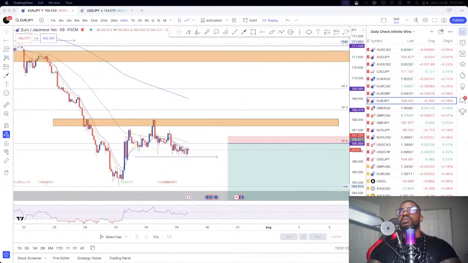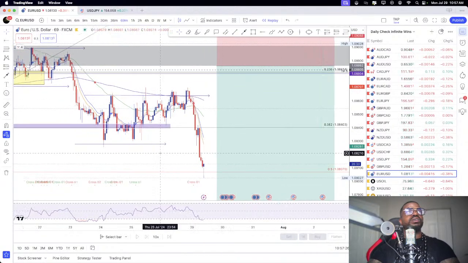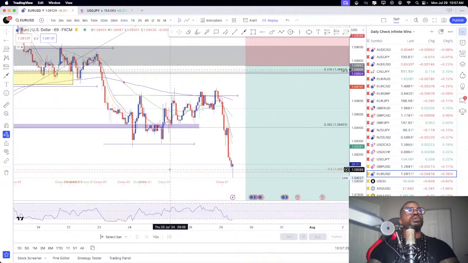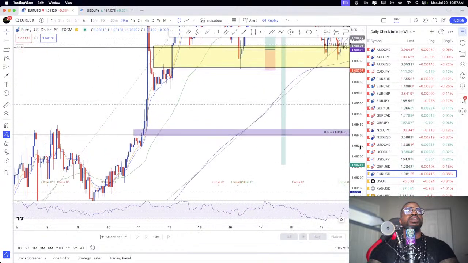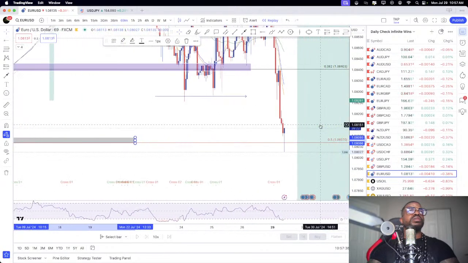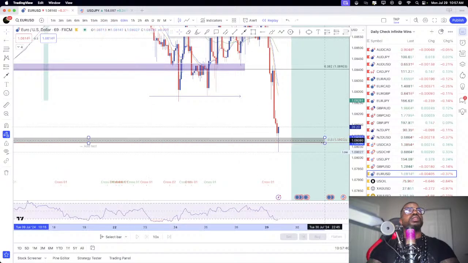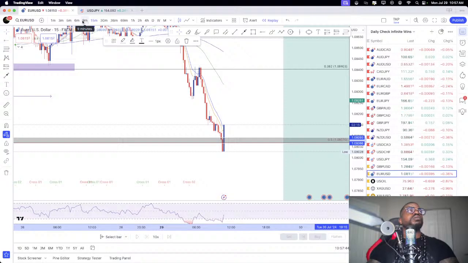Let's see what happens with that AUD CAD. Your favorite is Euro USD so far. Yeah, I'm actually waiting to see what happens on this thing as well. Oh damn, it hit the 50. Okay, so I was looking for this 50 to get hit. Dang, I missed that by. Oh, it just happened too.